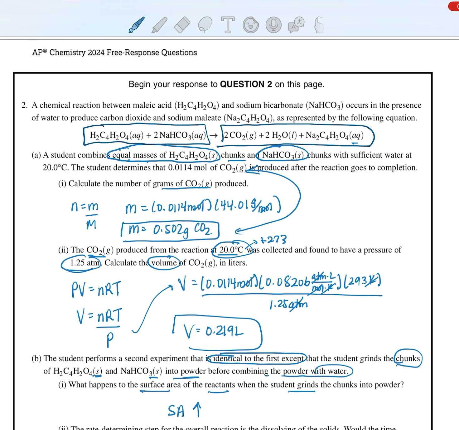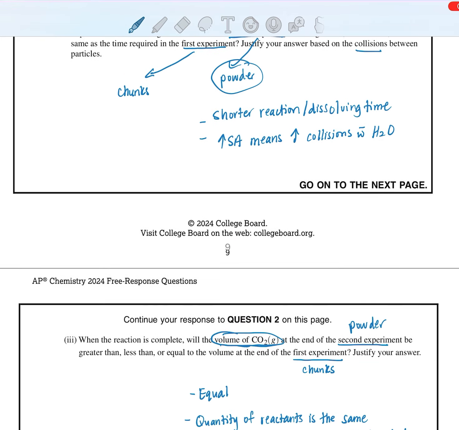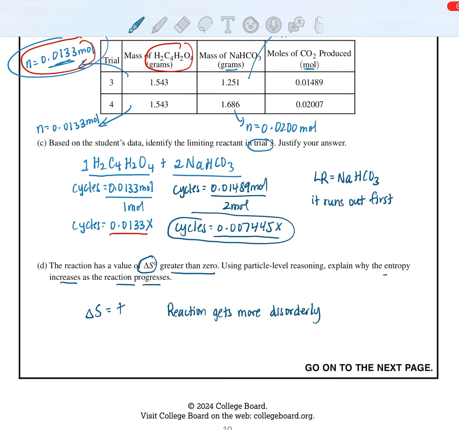So I've created more molecules, or more products, and anytime I'm creating more things, that's more disorganized. And I'm also creating gases, which move around a lot. They collide, they fly around. And we know from states of matter that gases are the most disorganized compared to liquids and solids. So because of these reasons, it makes sense that the entropy is positive.